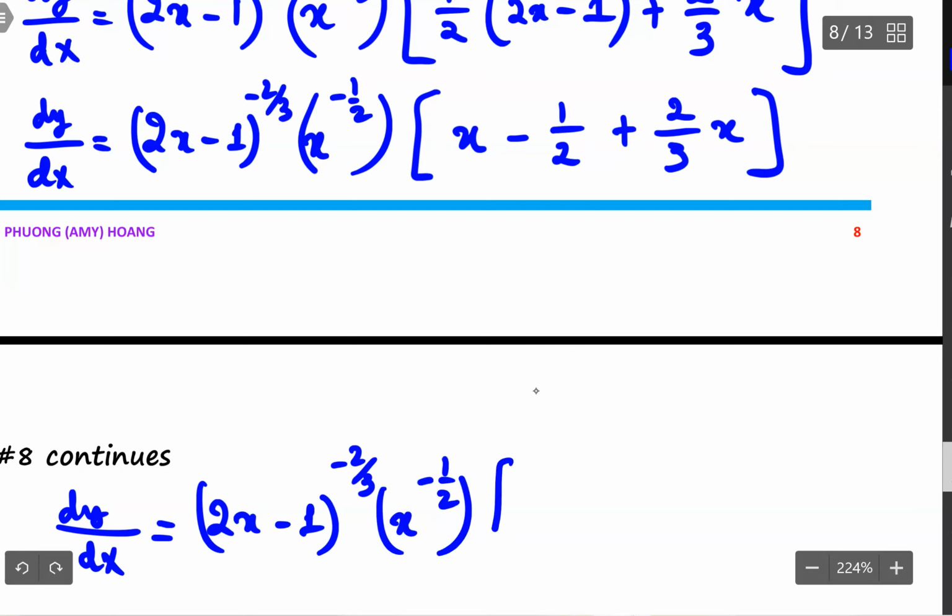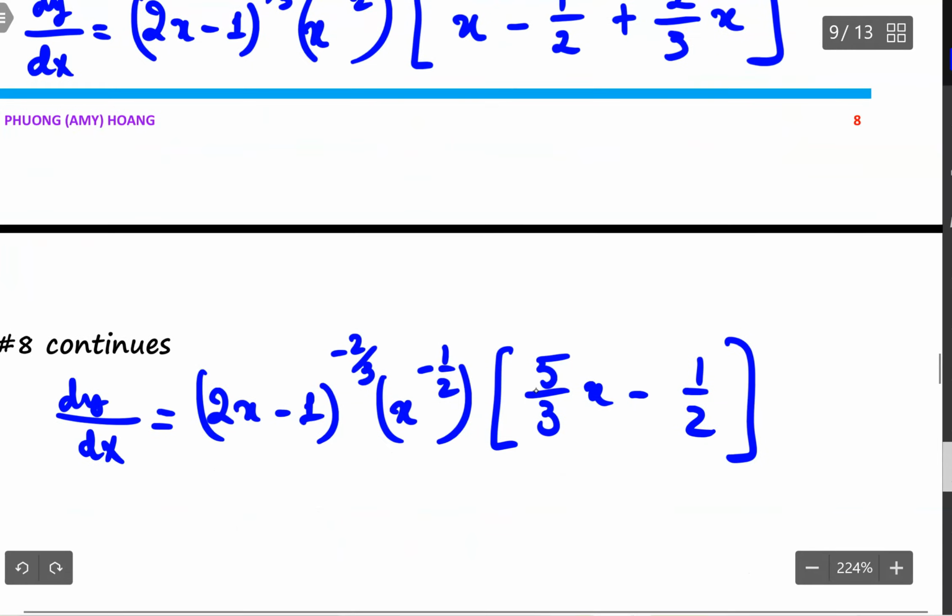Inside the brackets, I will combine these two, so I should have 5/3 x minus 1/2.